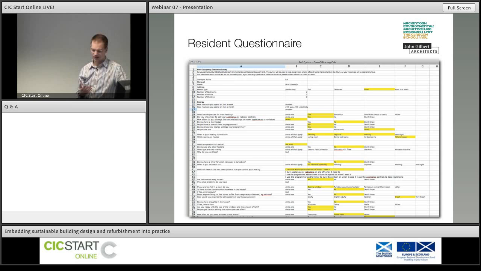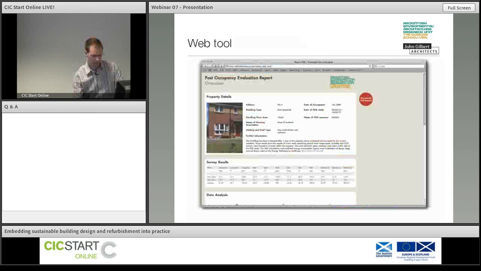Do you use trickle vents? How do you find the ventilation system? There are various different options for turning the heating system on and off. Do you just wait until the house is too hot and then turn the whole thing off, or do you use the thermostat and the TRVs? So it's trying to get into that detail as to what actually is controlling all of this.